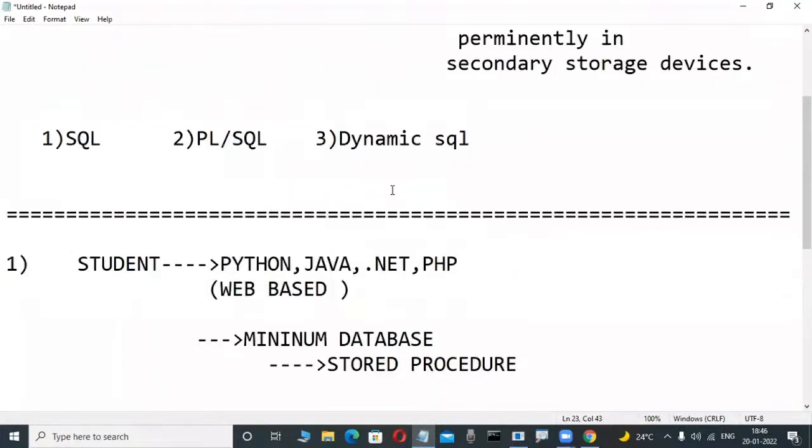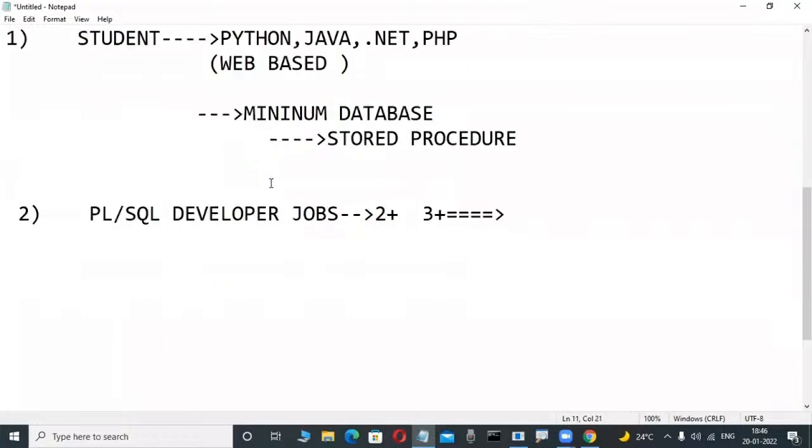Because in this course we learn SQL and we also learn PLSQL. Again, observe, for SQL developer jobs, there is another type of persons. Nowadays many people do not have very good coding knowledge, maybe not technical persons, and they want to move into software.